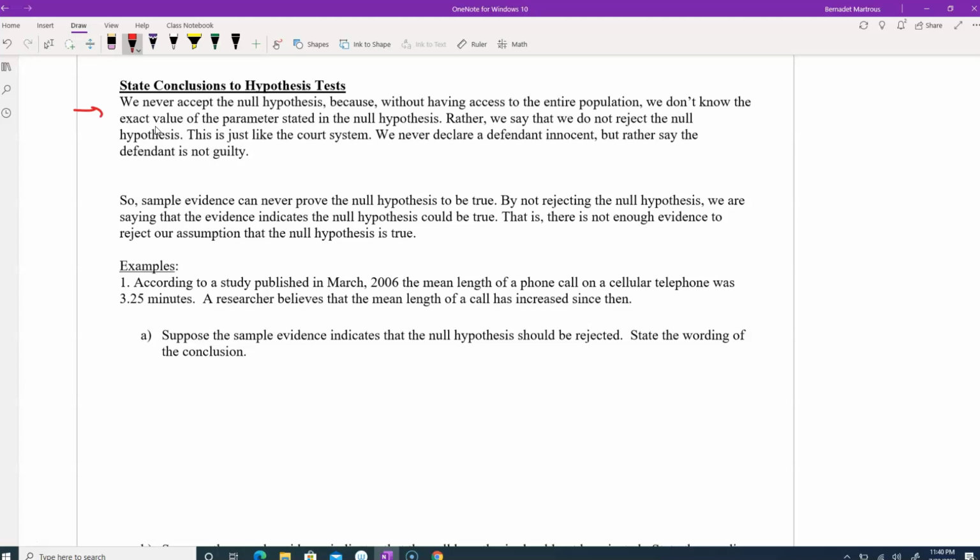So rather, we say that we do not reject null hypothesis. This is just like the court system. We never declare defendant innocent, but rather we say the defendant is not guilty. So instead of using innocent, we use not guilty.